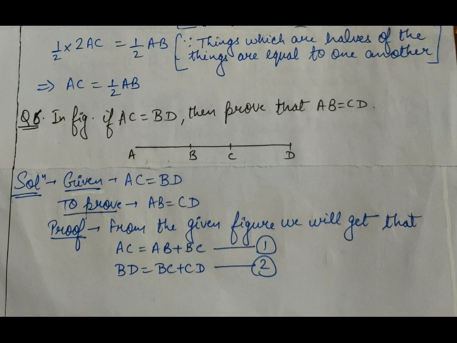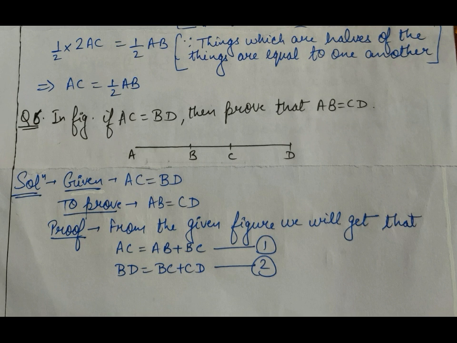Now come to the next doubt, that is question number 6. In this, if AC is equal to BD according to the figure, then we have to prove that AB is equal to CD. Here again, given is AC is equal to BD. Now we have to prove that AB is equal to CD.